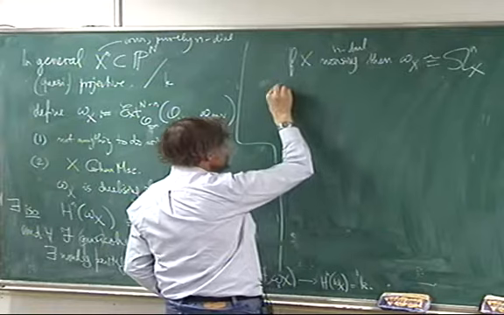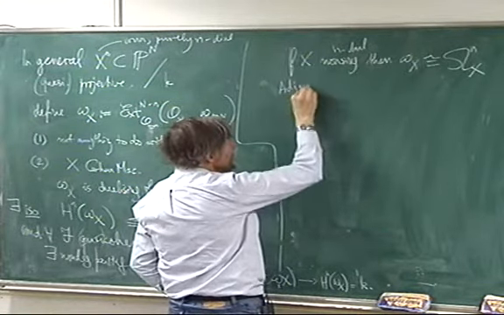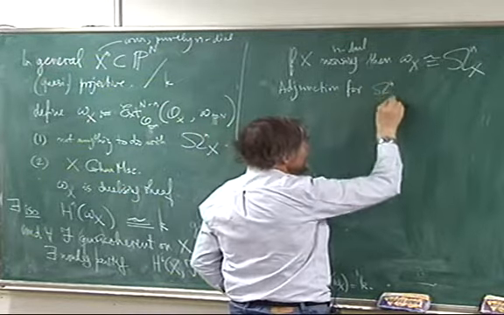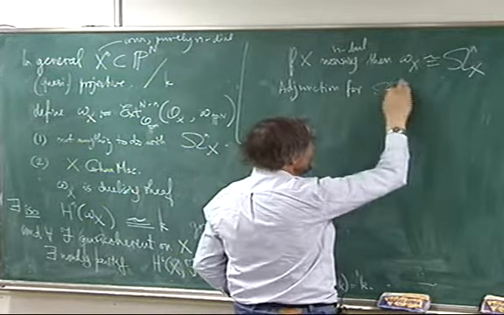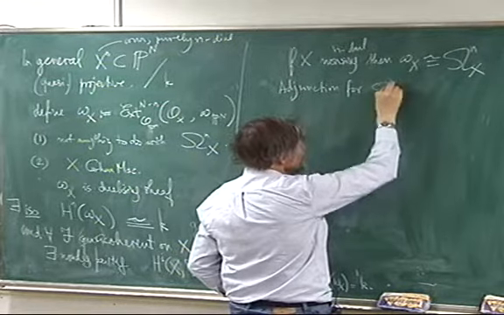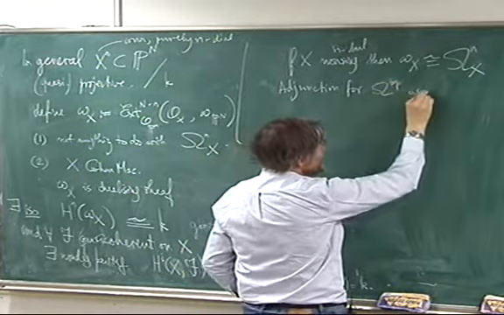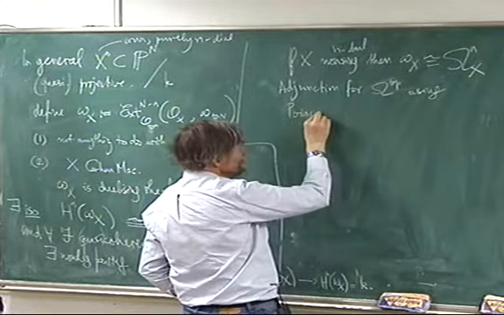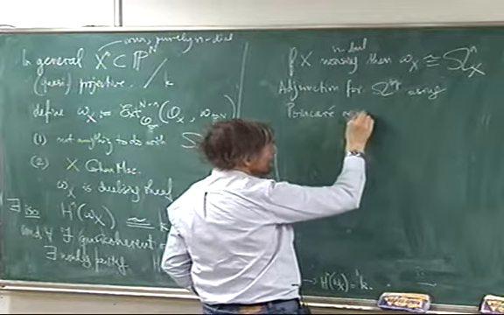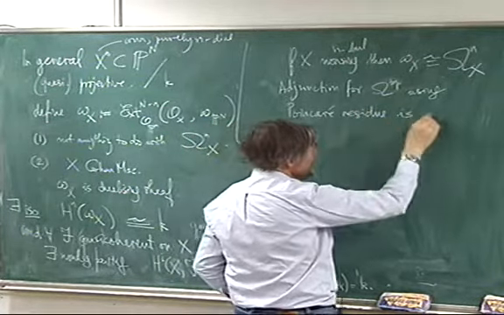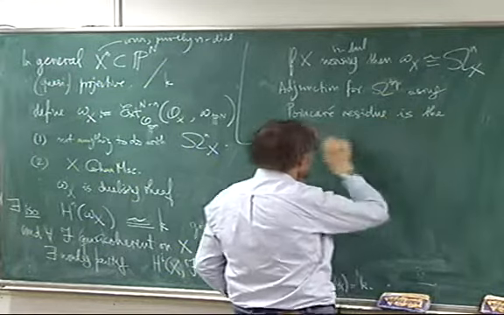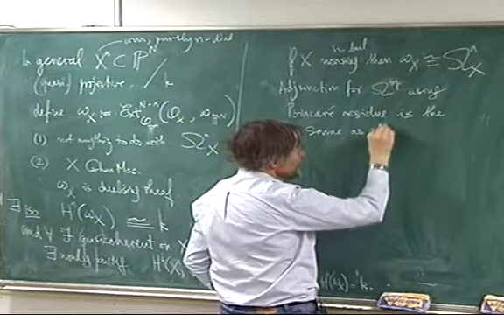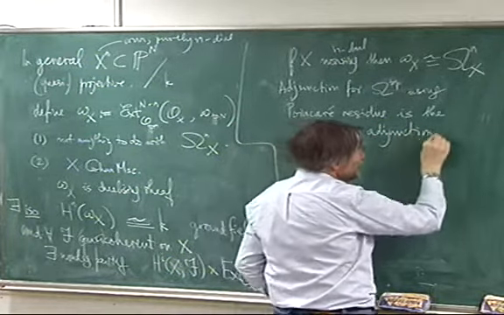In other words, adjunction for omega, using the Poincaré residue, is formally the same as adjunction for Ext.